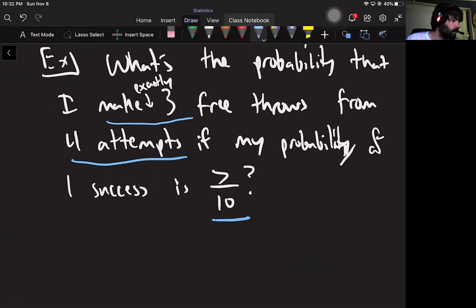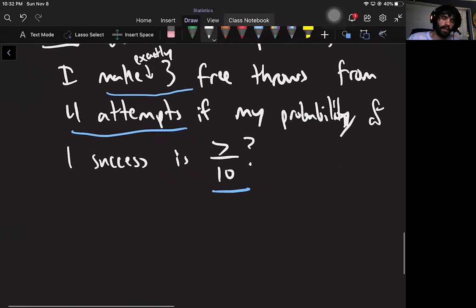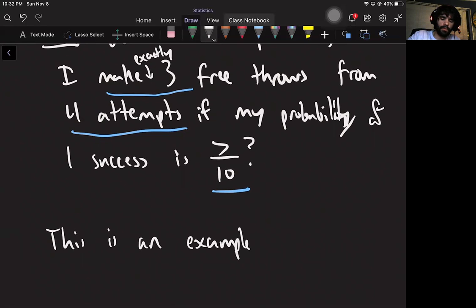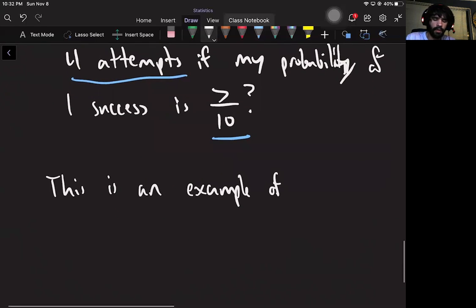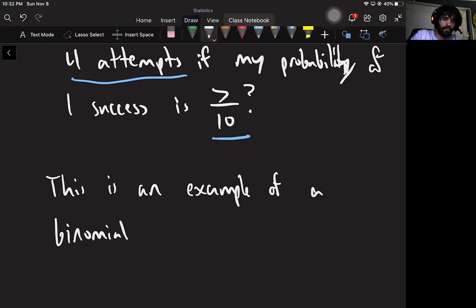Okay, so this is an example of something called a binomial experiment. So let me say that before we tackle this problem. Binomial experiment.